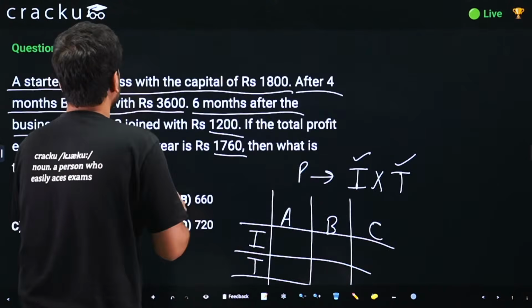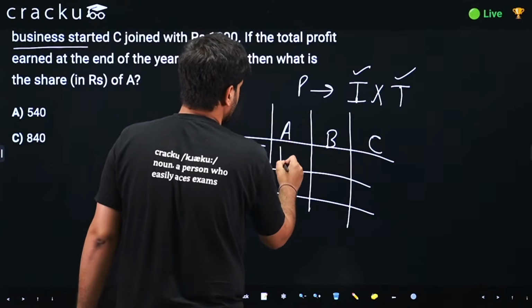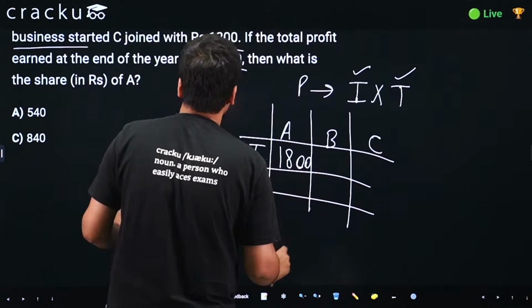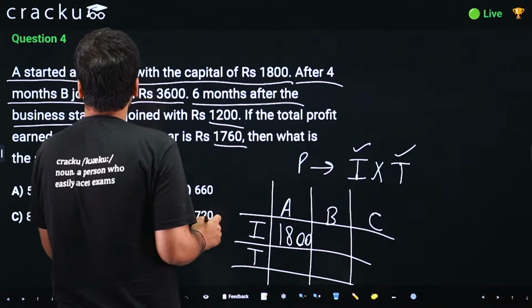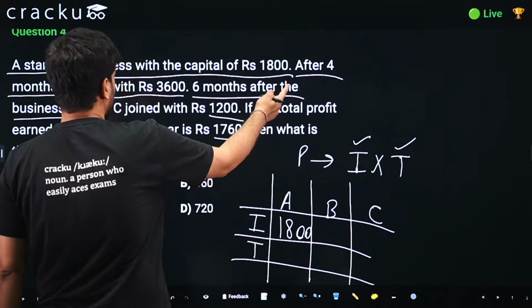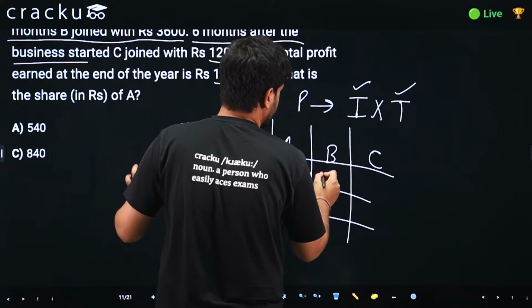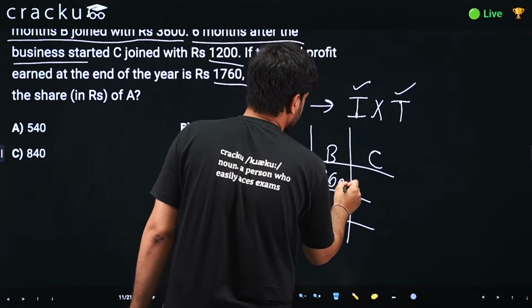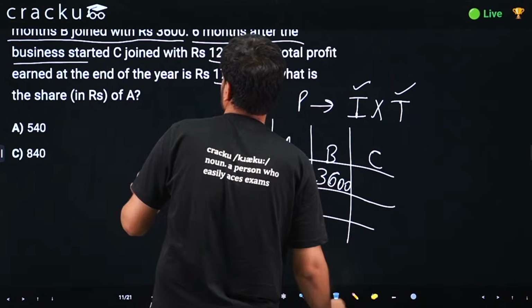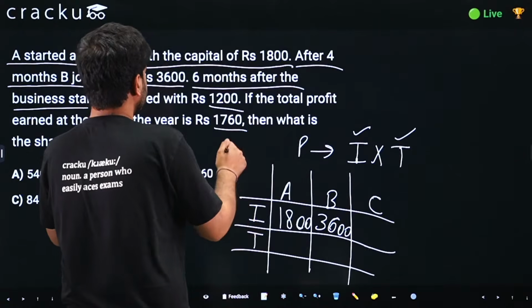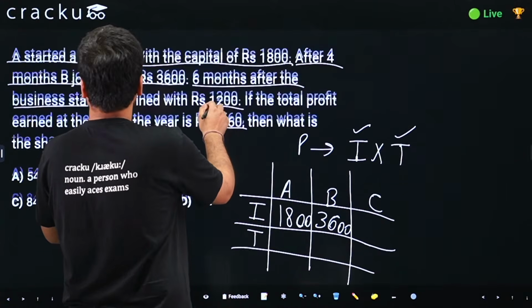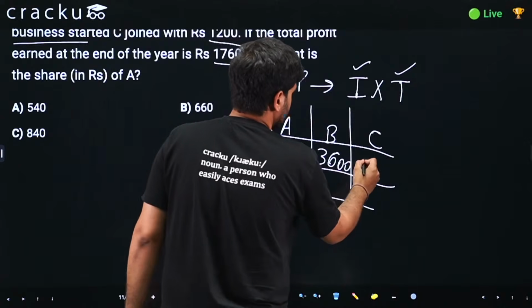Investment of A is 1800, and after 4 months B joined with 3600. So 3600 is the investment of B and C's investment is 1200.